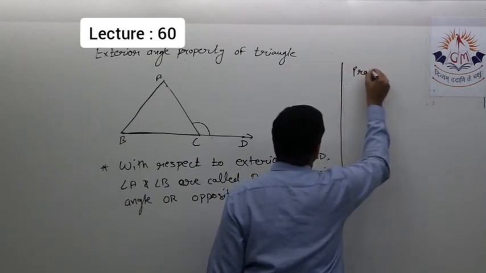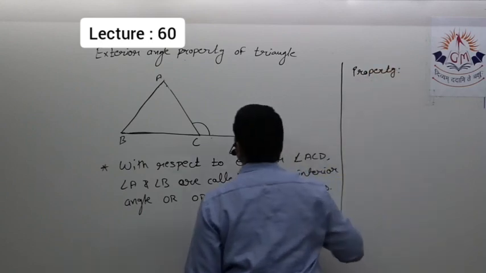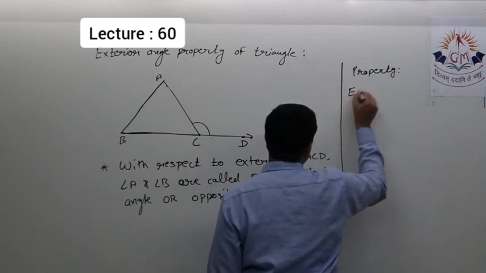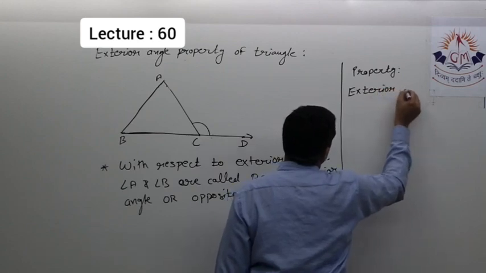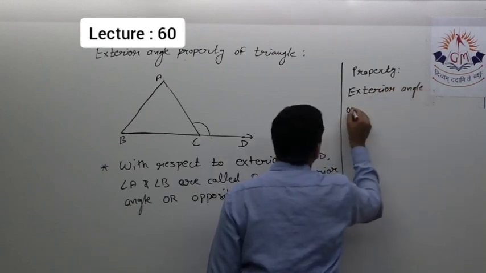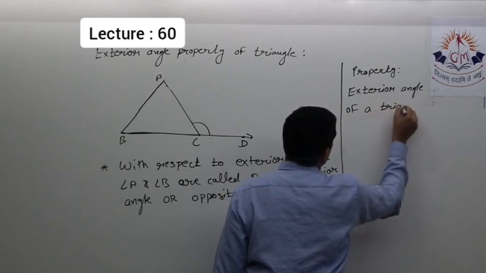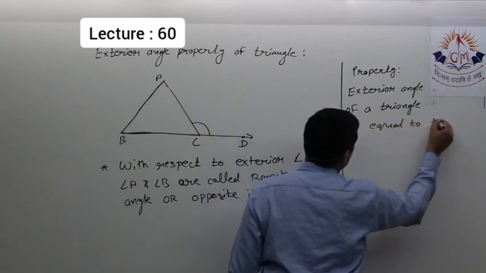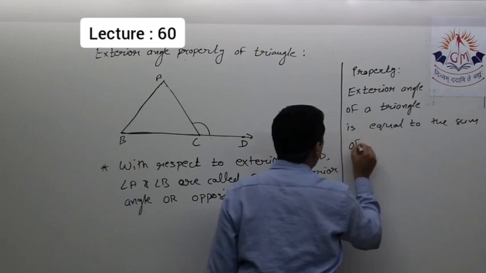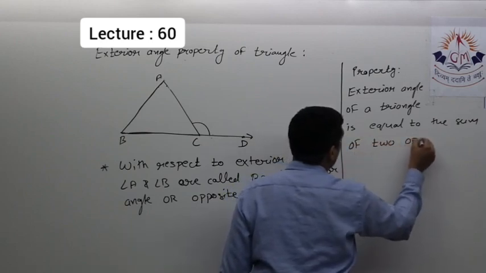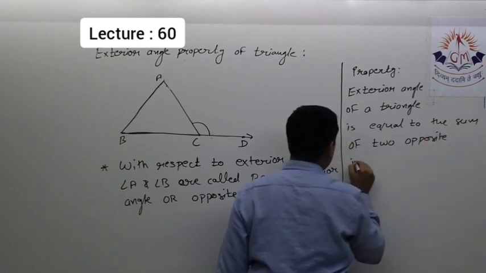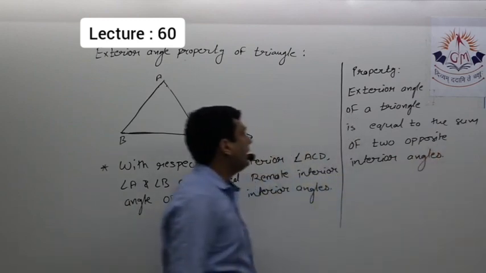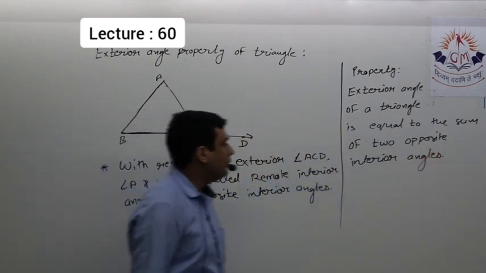It says that the exterior angle of a triangle is equal to the sum of two opposite interior angles.